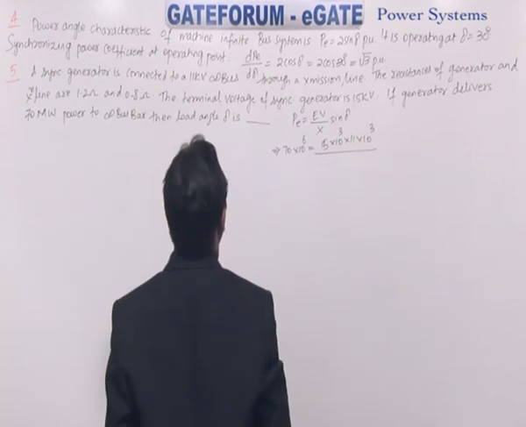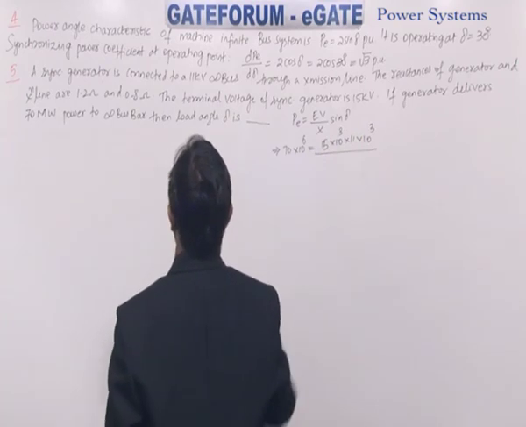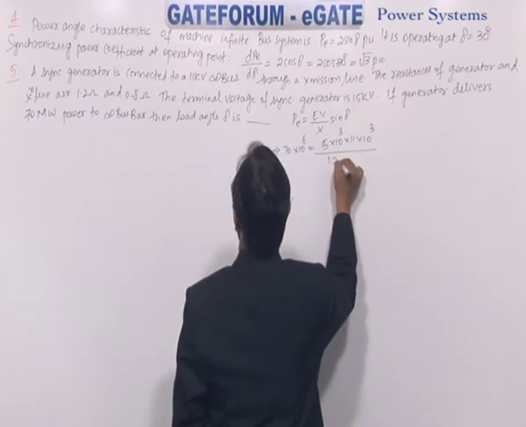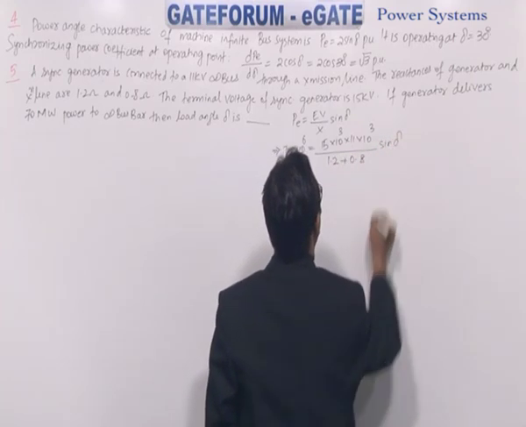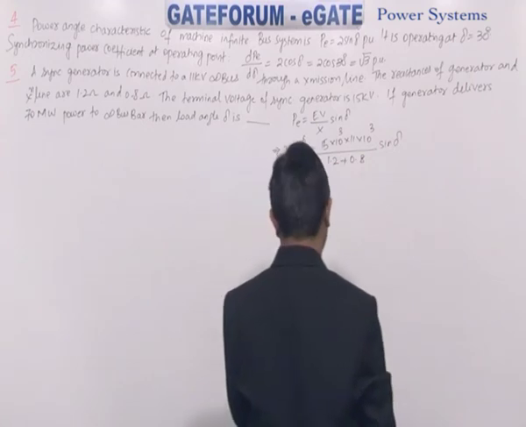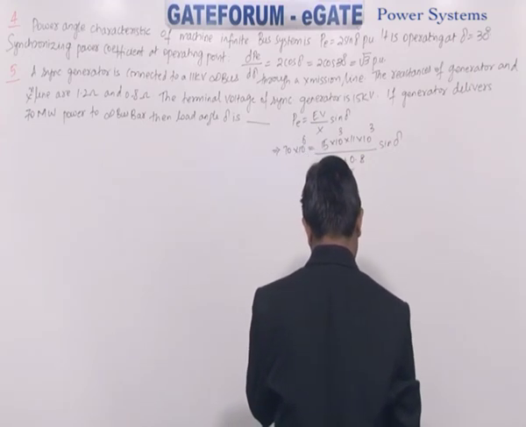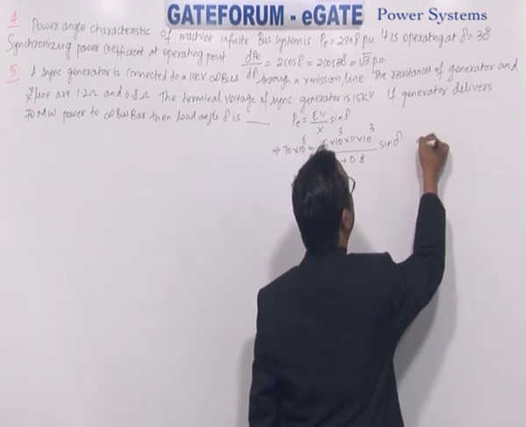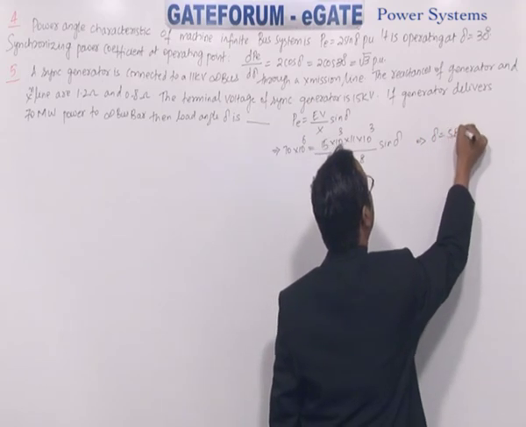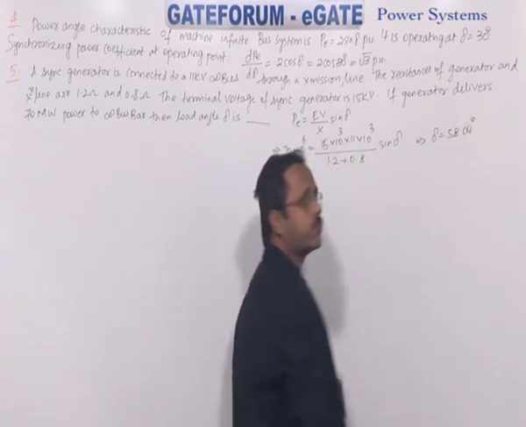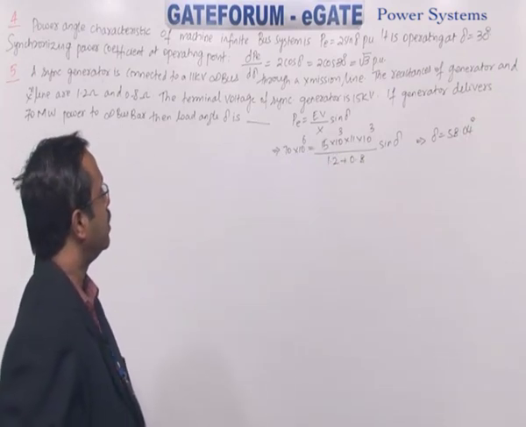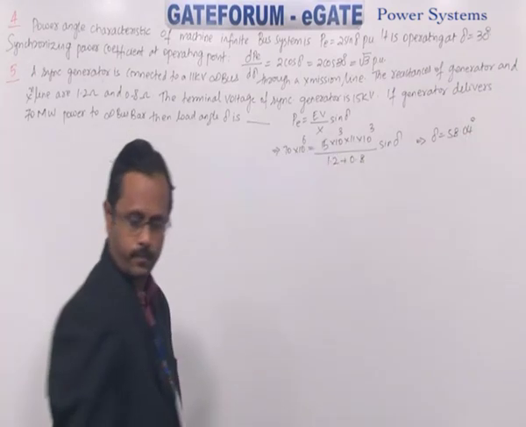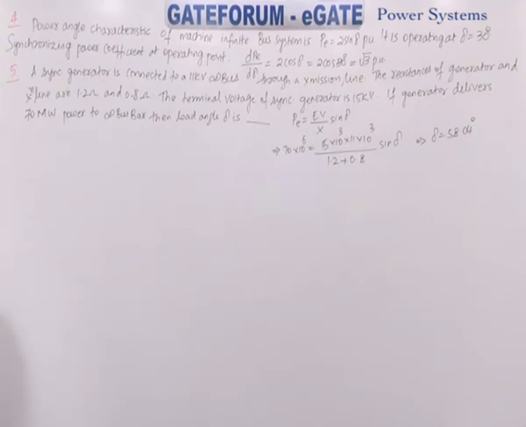What is the total reactance? Generator 1.2, line 0.8. From this we calculate the value of delta. The delta value you get is 58.04 degrees.